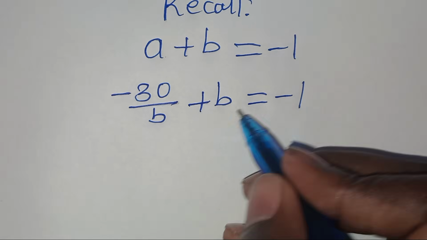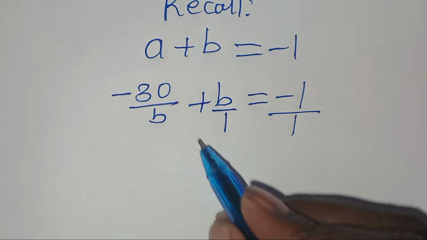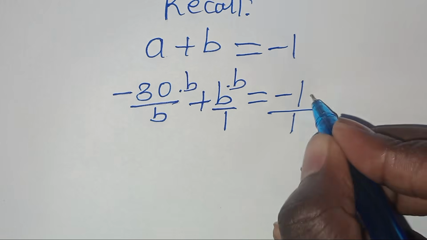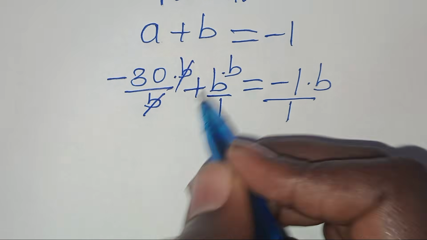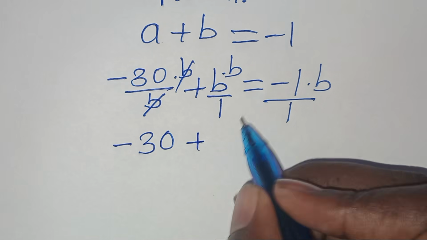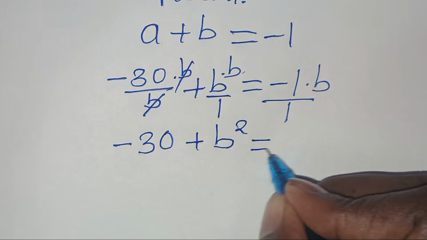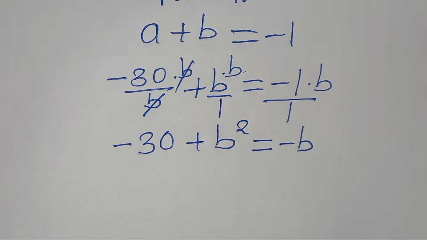Since negative 1 is a whole number, it is over 1. The LCM is b, so let's multiply everything here by b. And this means b and b simplify, so that we have negative 30 plus b times b, which is b to the power of 2, equal to negative 1 times b, which is negative b.